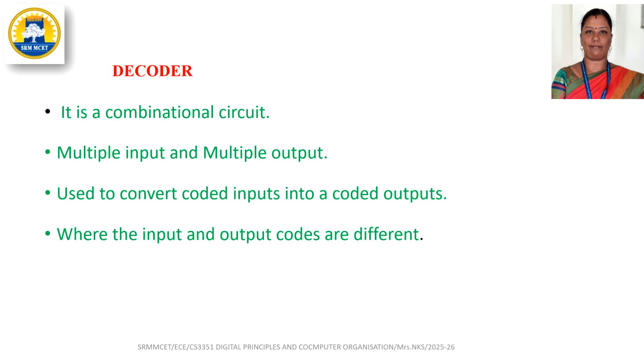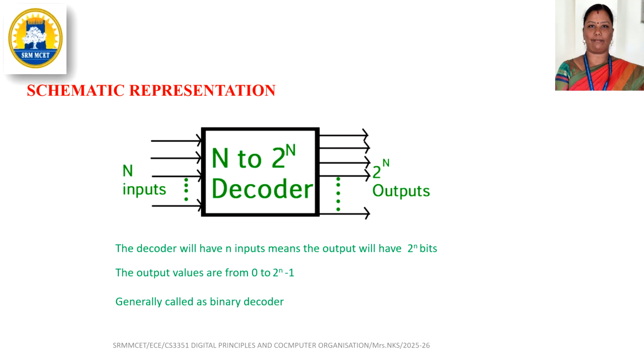Actually, the decoder is doing exactly the reverse process of what the encoder is doing. So this is the schematic representation of a decoder. Look here, it has n inputs and 2 power n outputs. It is exactly the reverse of the encoder.